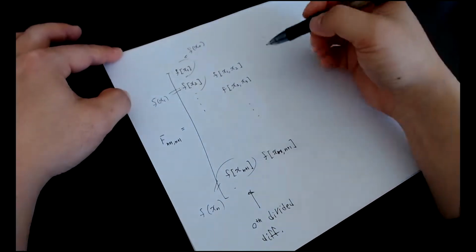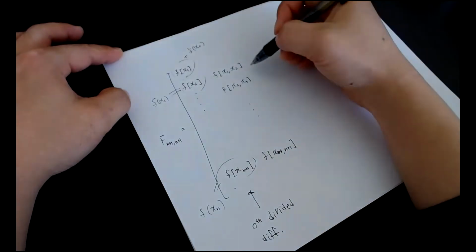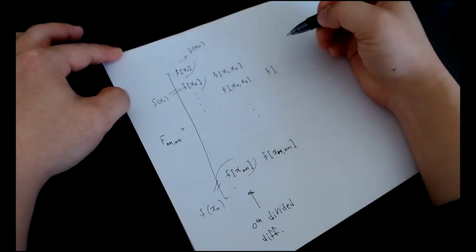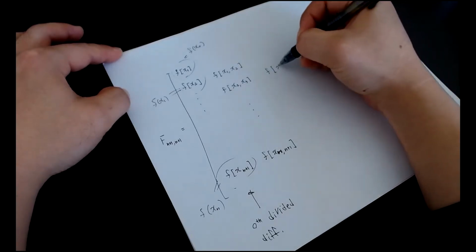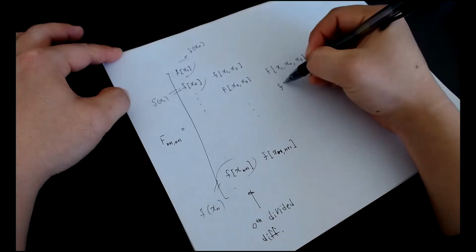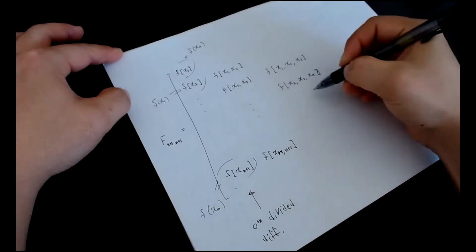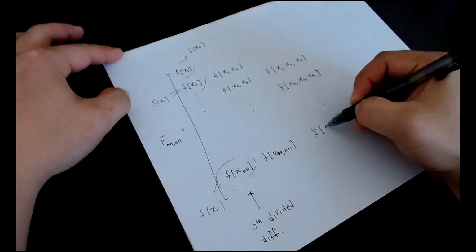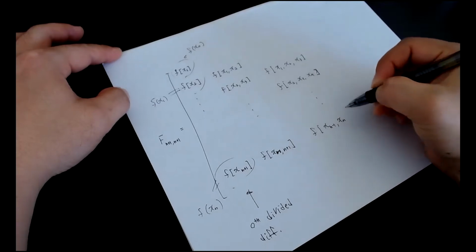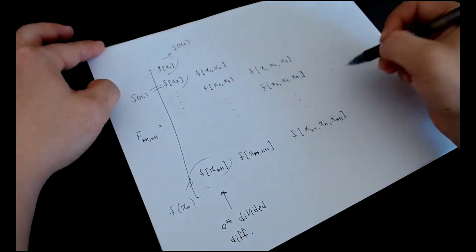Then using these two columns, we can compute the second divided difference, f of x1, x2, x3, and f of x2, x3, x4, through f of x n minus 1, xn, and x n plus 1.